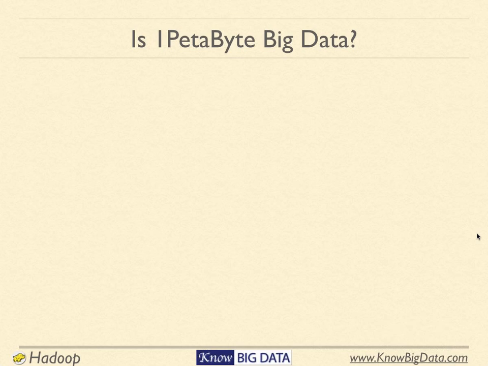Even if I somehow connect them, the reading time of the hard disk will be very, very horrible. Great. So almost everybody agrees with me that 1 petabyte of data is big data.